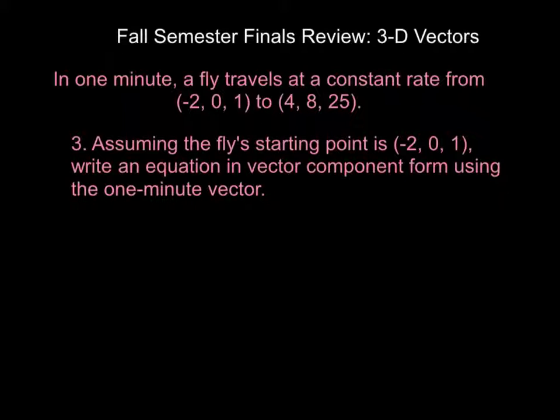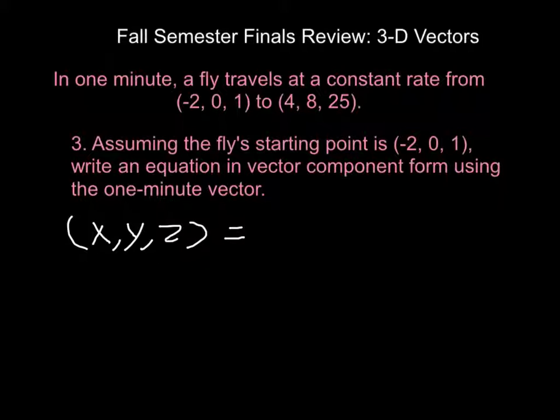Number 3, assuming the fly's starting point is the point (-2, 0, 1). Write an equation in vector component form using the 1 minute vector. Okay. So you have to use the vector component equation, and you have to put it into 3 dimensions. So I did x, y, and z to make it 3D.